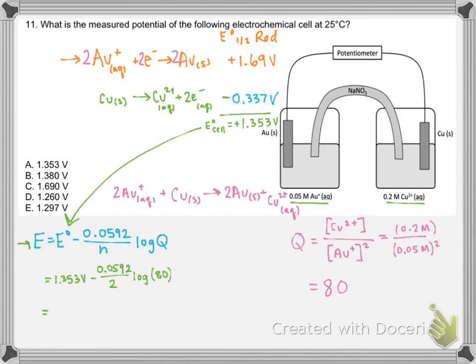So we can plug this in and we'll get a potential that is 1.297 volts. So this is a lot like the problems that we did for exam 2, just slightly different because we're working in volts instead of kilojoules.